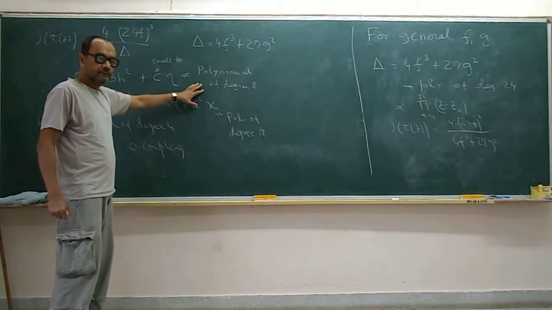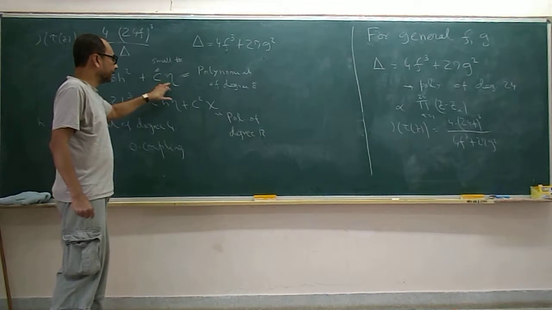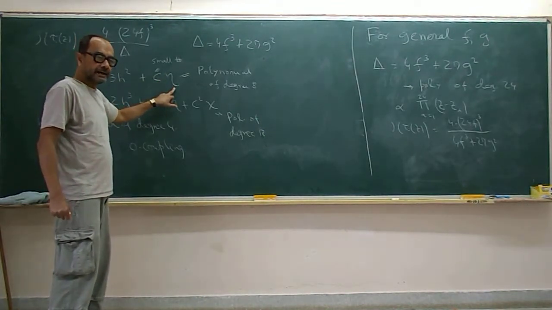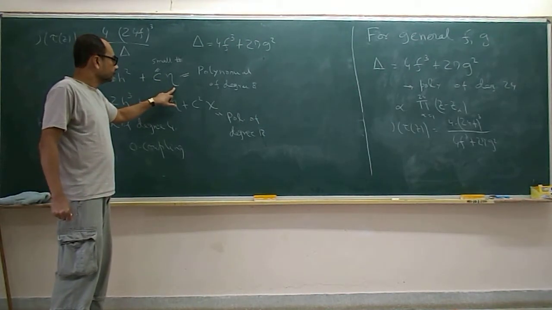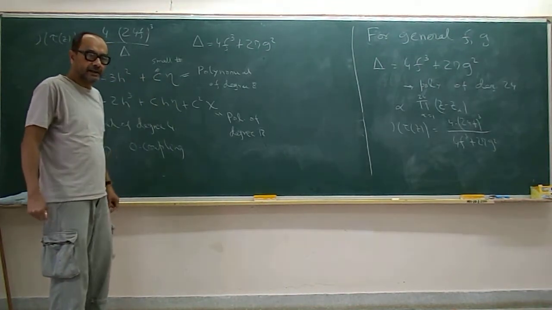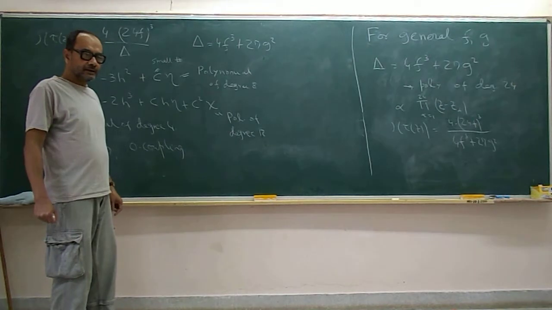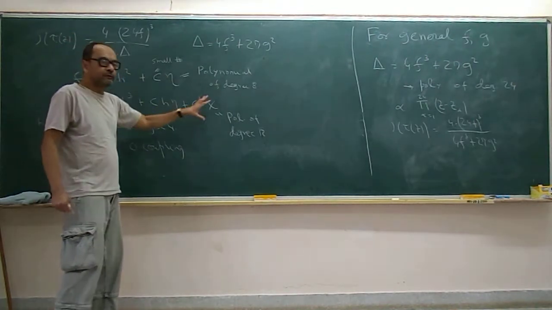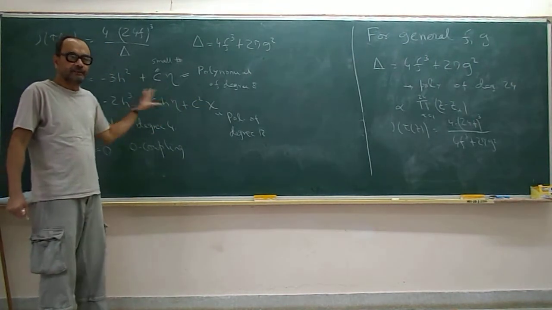Why not a c square chi hat? Well, you can absorb it and redefine eta appropriately. Oh, eta can have coefficients which are small then. Exactly. Eta can have coefficients which are small or big. Right now we are not saying anything about eta. So if we allow c to be general, then this is the most general deformation.